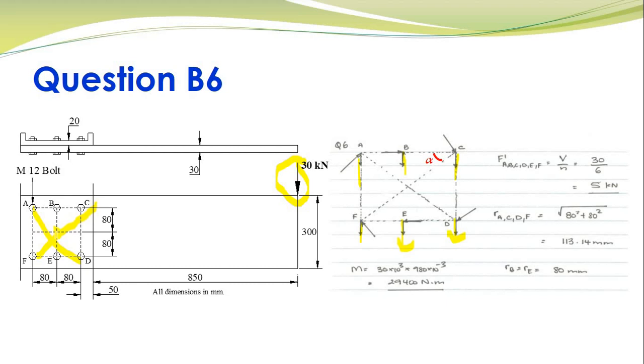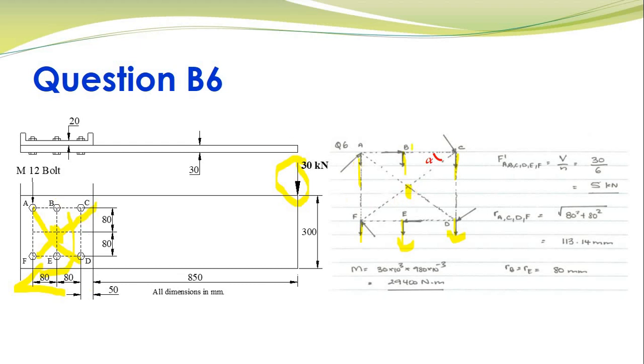Now with respect to the centroid, you see in which direction the global moment is. When you look at this to be your centroid, this 30 kilonewton load is going to cause a moment in the clockwise direction about the centroid. So the global moment is clockwise.